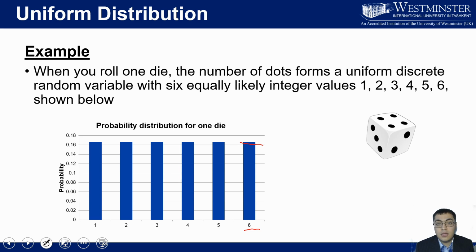In this case, the expected value, or the average observation that I am expected to observe from here, is just going to be a plus b over 2. That's going to be 1 plus 6 divided by 2. So in that case, it's going to equal 3.5.